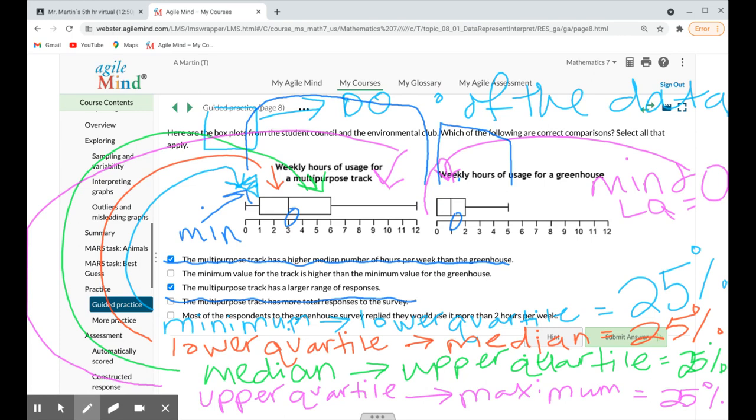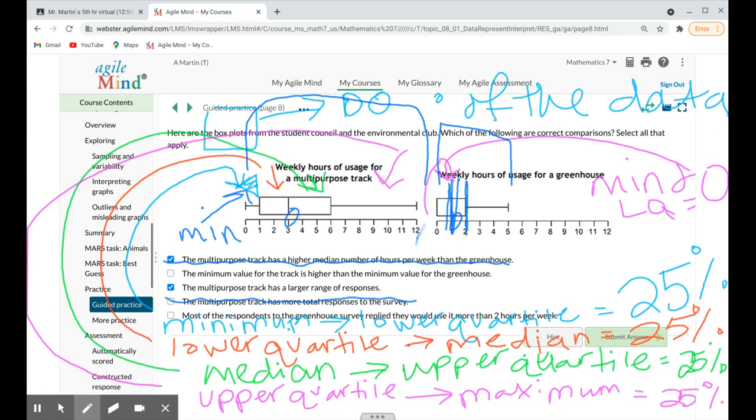Most of the respondents to the greenhouse survey replied they would use it more than 2 hours per week. Well, when we looked at it, 2 hours per week is here. We said that the median, that is right here, splits our data at 50%, right?